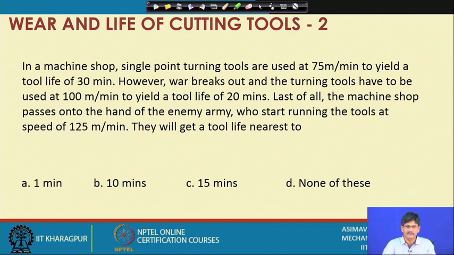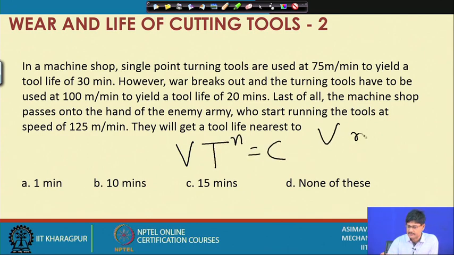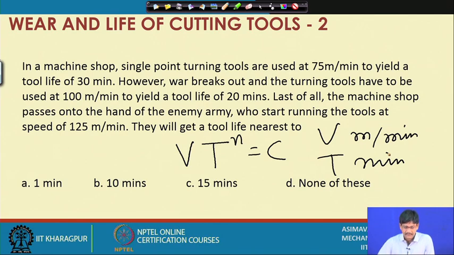So, obviously, the tool life will be less, and we will be operating with Taylor's tool life equation. So, let us just write it down. V t to the power n is equal to constant, and V is in meters per minute and t is in minutes. Okay. Now, war breaks out, so you have to get things done fast, and you increase it to 100 meters per minute. So, another set of values is given.